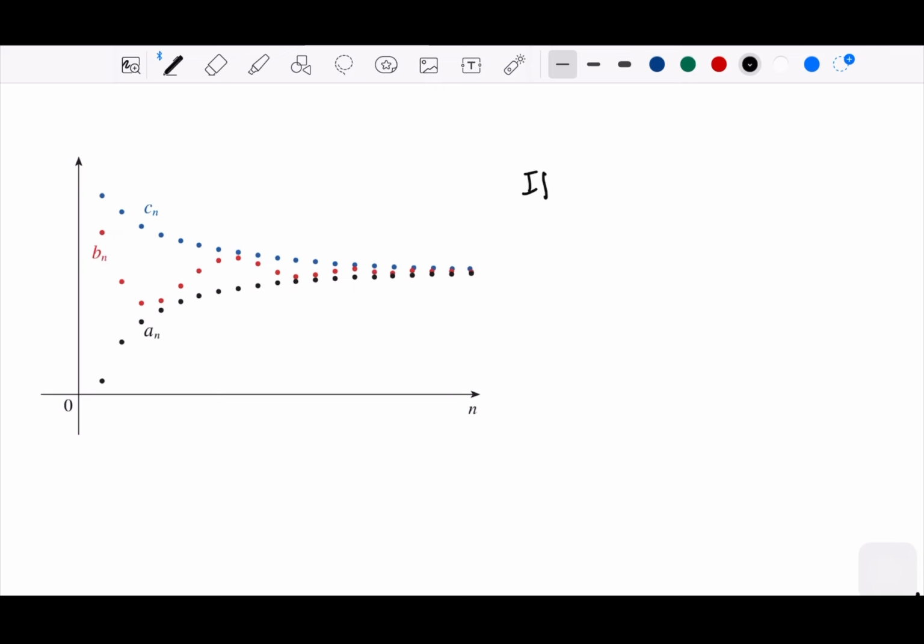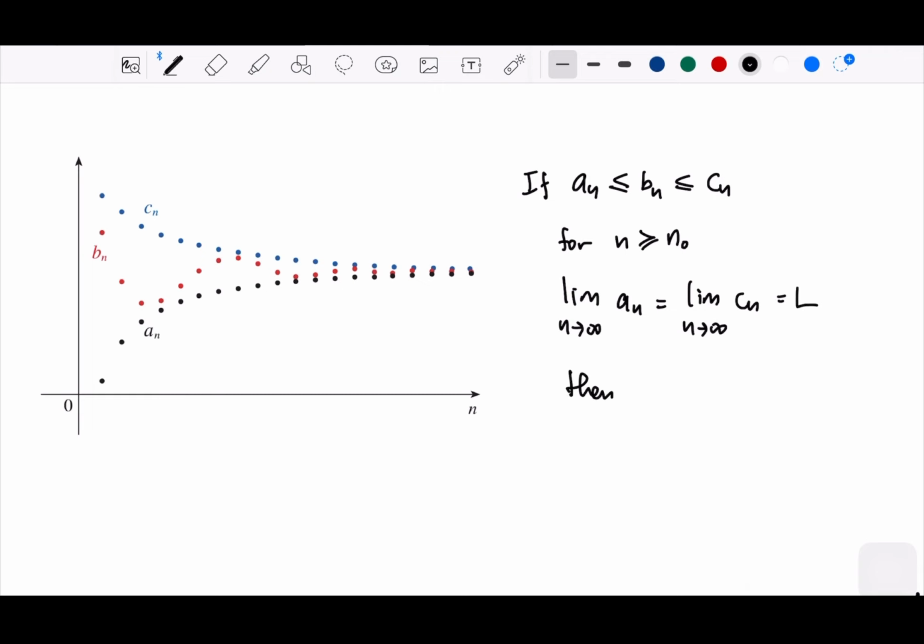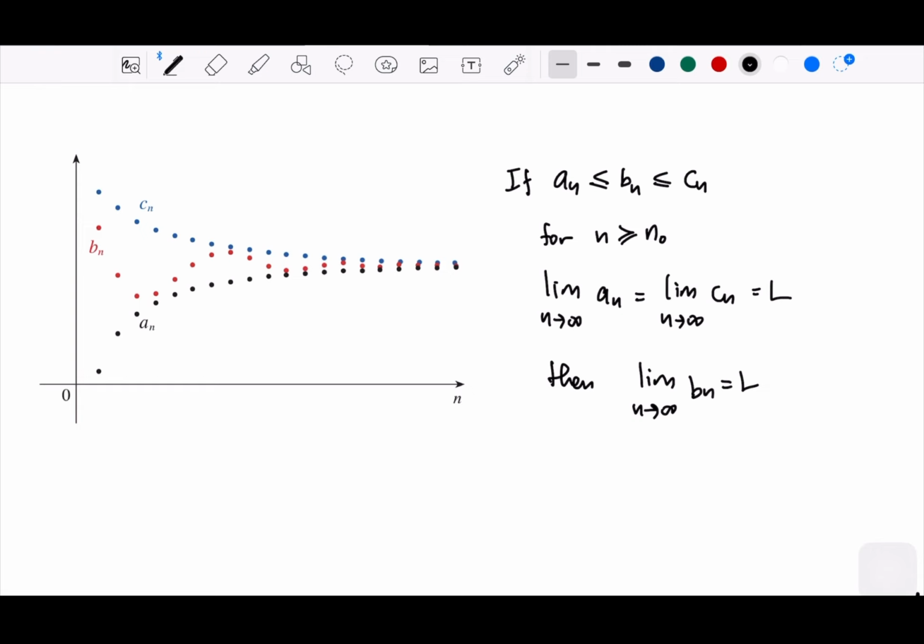So if a_n is less than or equal to b_n, and b_n is less than or equal to c_n, for n greater than N_0, which means the next n is greater than or equal to the previous terms, and the limit of a_n is equal to the limit of c_n, which is L, then the limit of b_n is equal to L. Very similar to the calculus 1 counterpart.